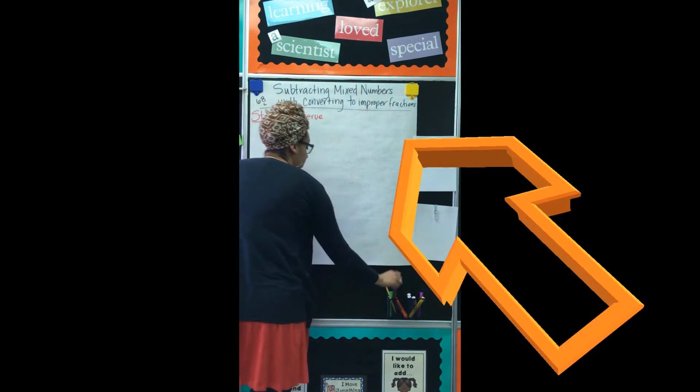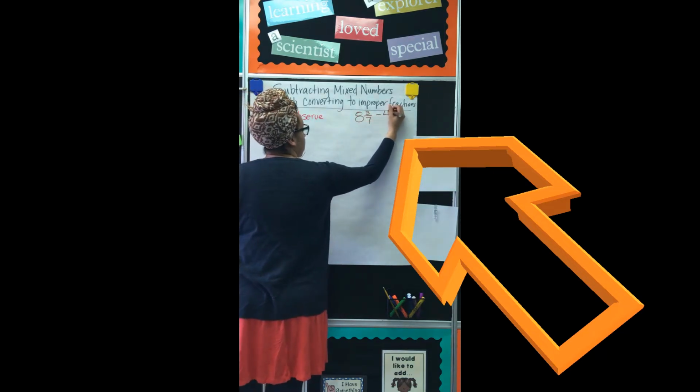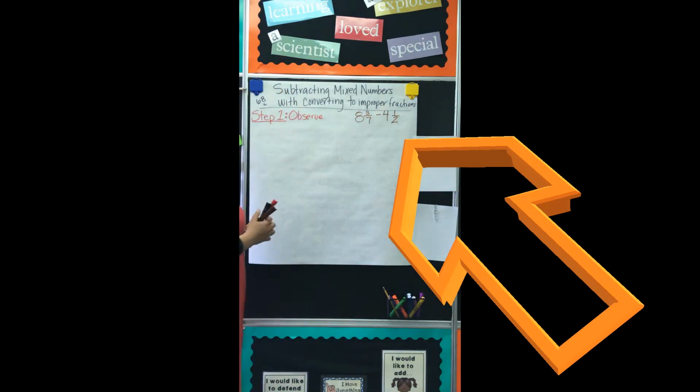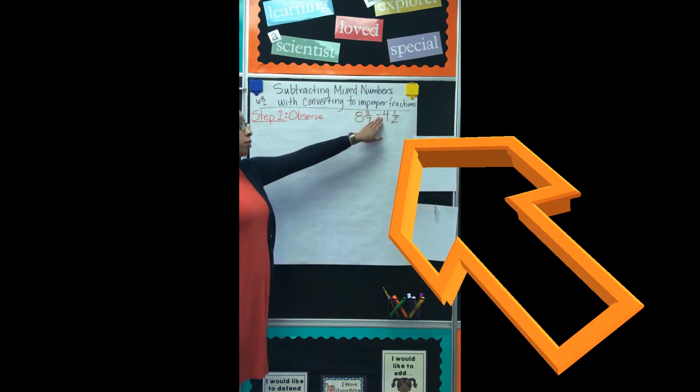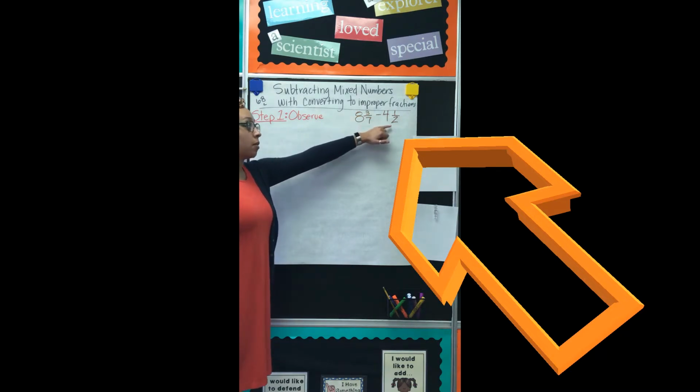Our fraction problem for this is going to be 8 3/7 minus 4 1/2. So what do we observe about this problem? Hopefully we noticed things like it's a subtraction problem, so we know that with addition or subtraction we have to have the same denominators.